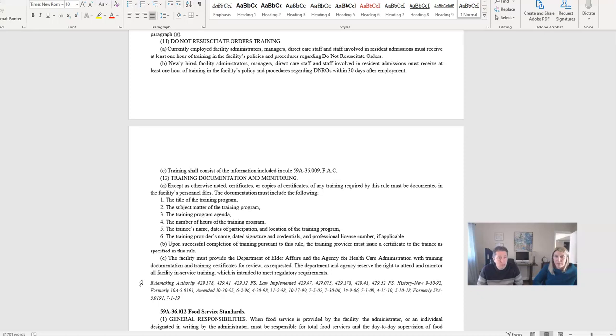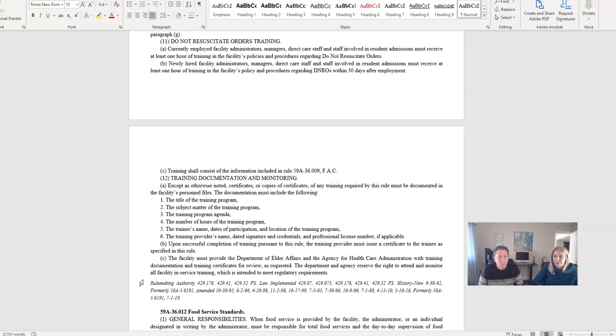Newly hired staff need 1 hour provided on the facility's policies and procedures, within 30 days of employment. So the thing to remember here is DNR training: 1 hour, 30 days after employment.